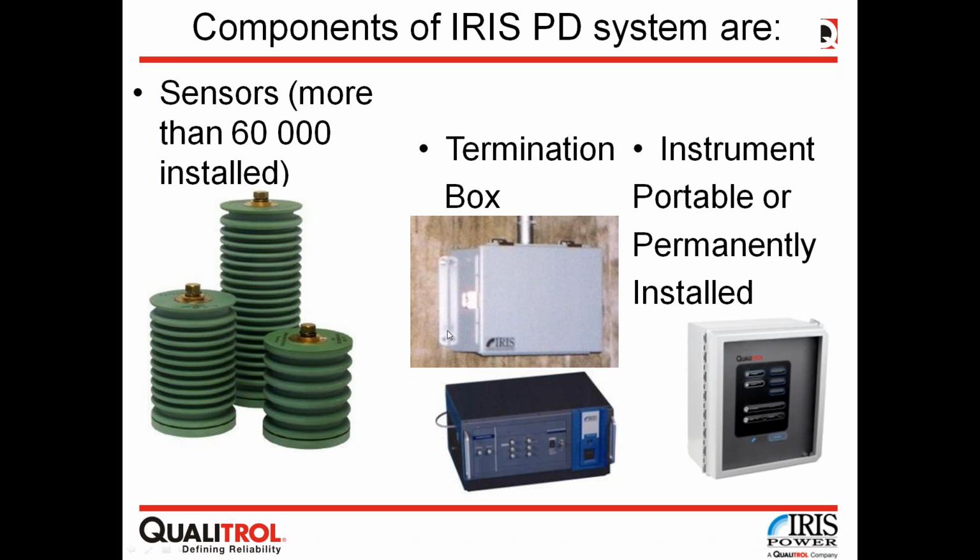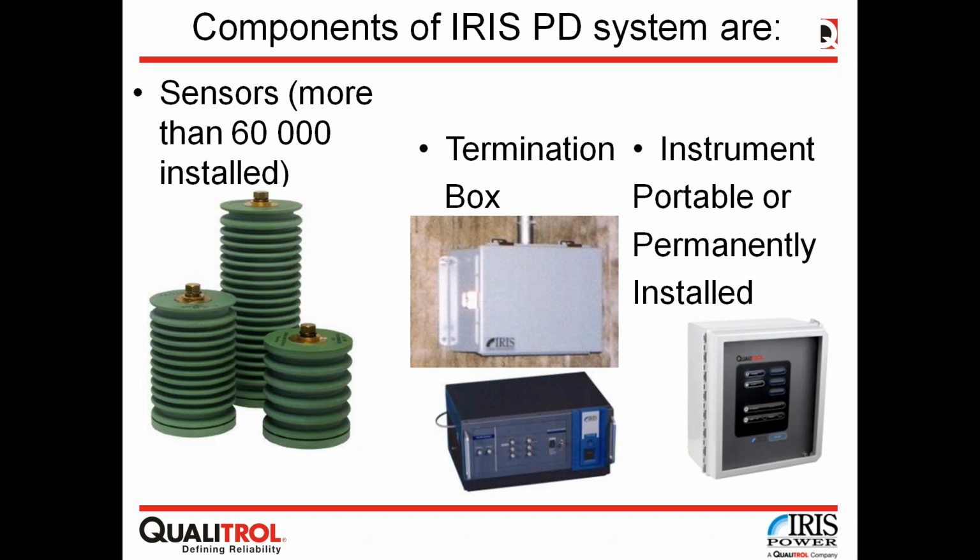The signals from the sensor will be brought to the termination box, and from the termination box, a portable or permanently installed instrument will be used. Typically, if the motor is cable connected, we will be using only 3 sensors, or 1 sensor per phase. The instrumentation dedicated for that kind of measurement is TGAB as a portable instrument, or MotorTrack, which is an instrument for continuous monitoring of partial discharge with 3 inputs per machine.